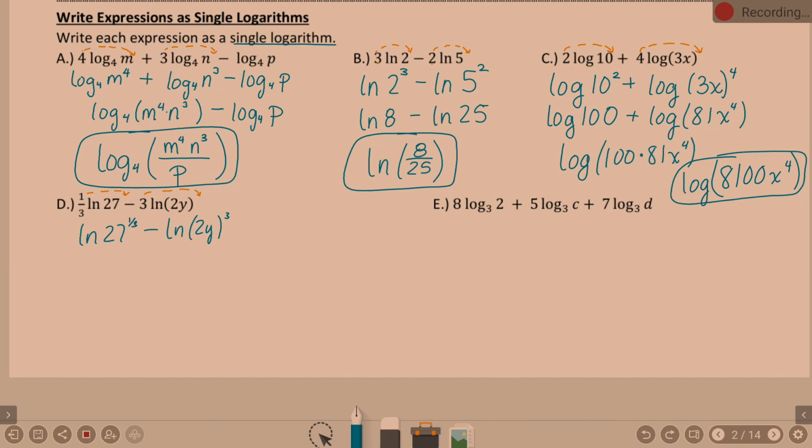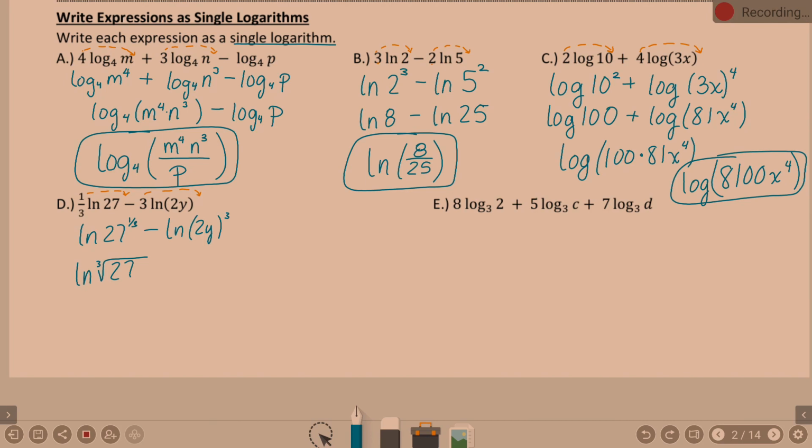Okay. So we talk about natural log of 27. If you remember, a 1/2 power is a square root. A 1/3 power is a cube root. Do we know the cube root of 27? We should.